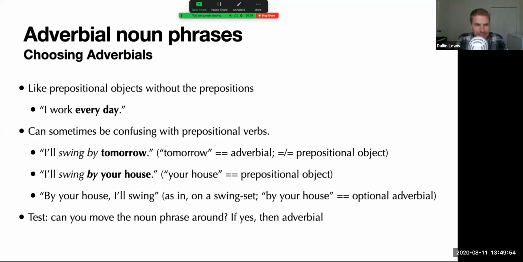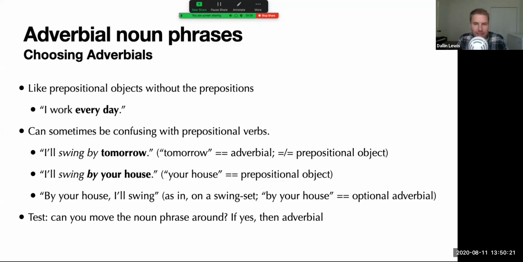This is especially tricky because in English we have what are called prepositional verbs, and these are verbs that end with a preposition but do not necessarily require a prepositional object. For instance, I'll swing by is an intransitive verb. It doesn't actually require any object, even though by is a preposition. And tomorrow is an adverbial noun indicating when I'll be swinging by.